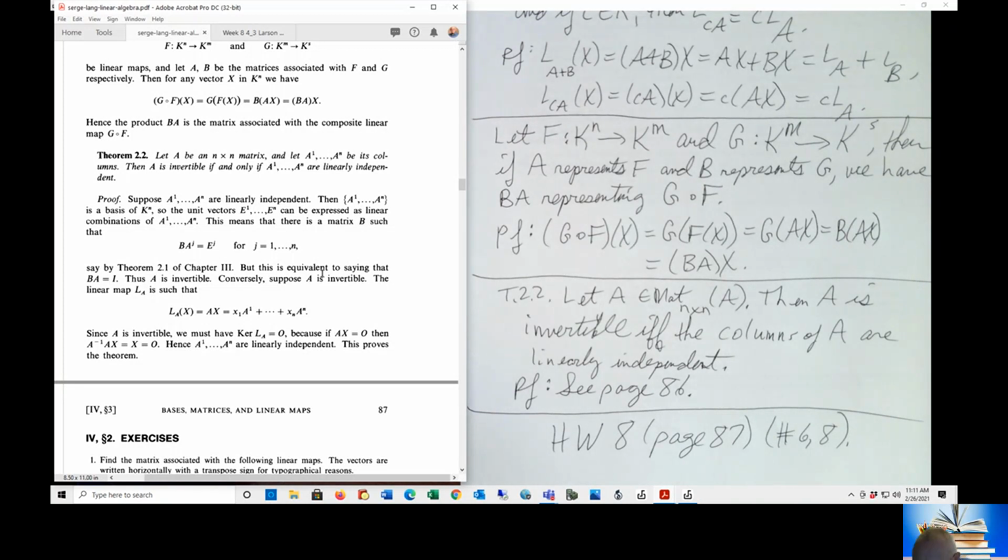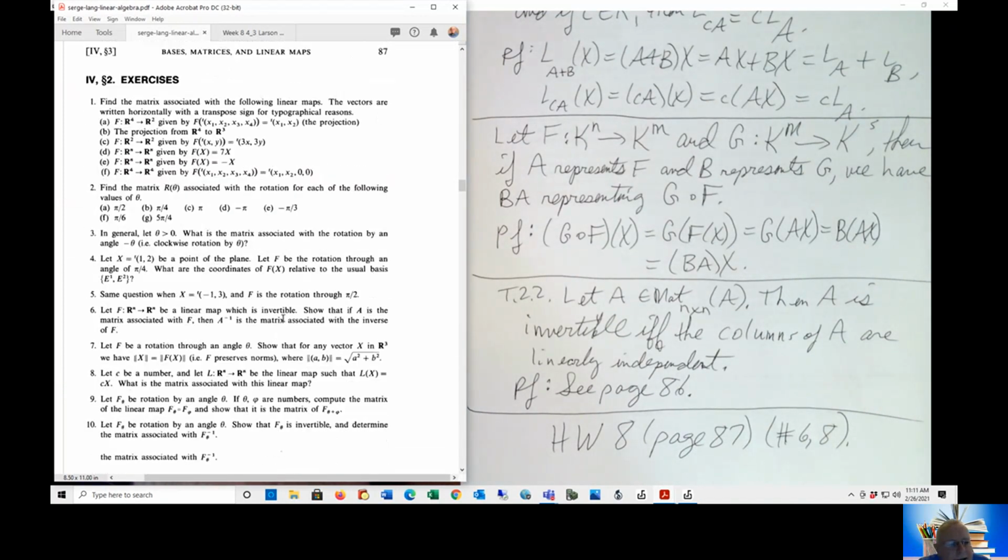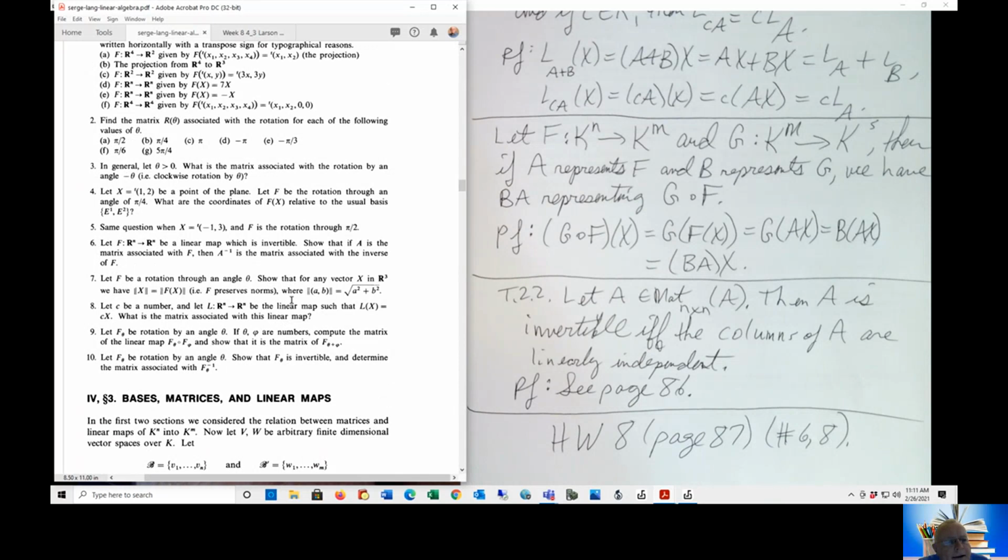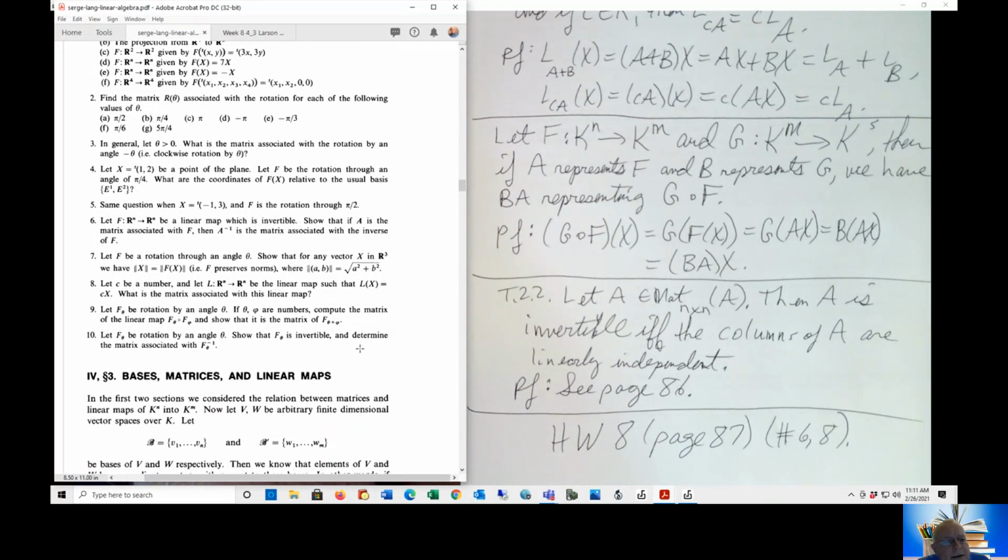But our homework number 8 is on page 87, exercises 6 and 8. Number 6 says, suppose that F is the linear mapping from Rn to Rn, and it has an inverse. It's invertible.